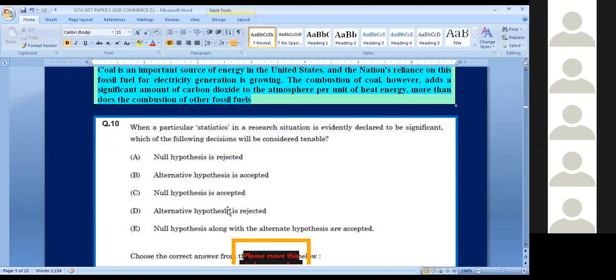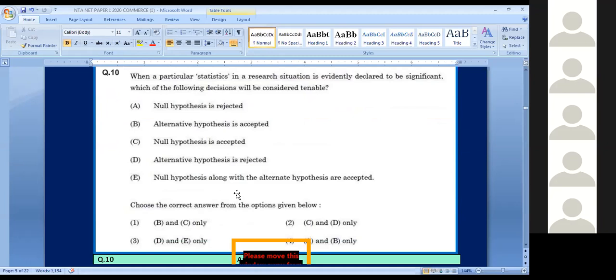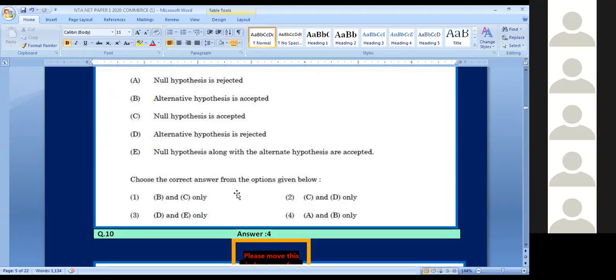When a particular statistic in a research situation is evidently declared to be significant, which of the following decisions will be tenable? See, when they say evidently declared to be significant, what does it mean? It means there is a relationship. Correct? So reject the null hypothesis, accept the alternate hypothesis.